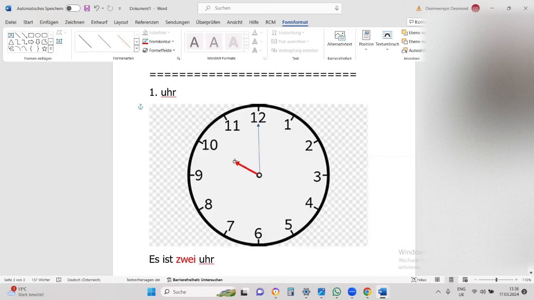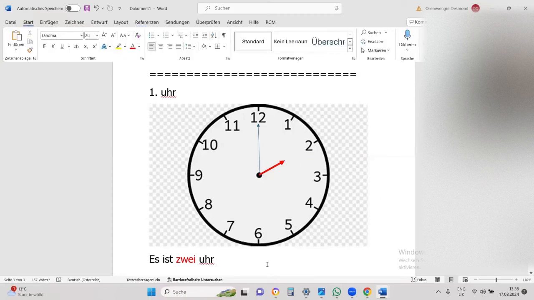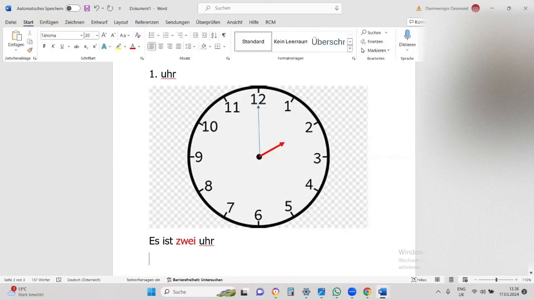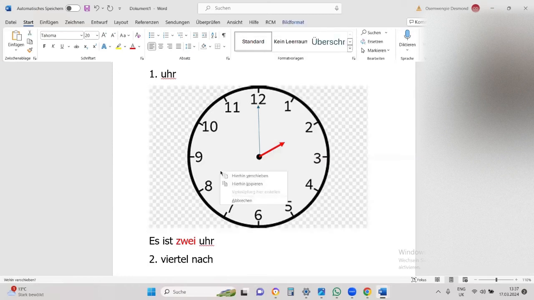And what about this? Es ist 10 Uhr. So let's go back to the original. Es ist 2 Uhr. Is that clear? Good. Now let's go to the next one, which is Viertel nach. Let me copy this.